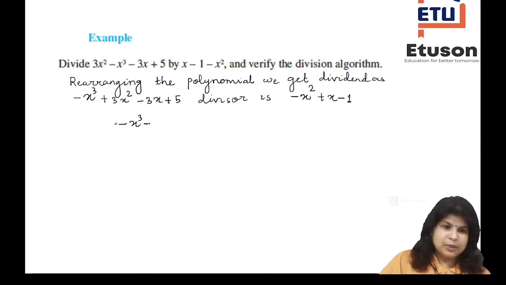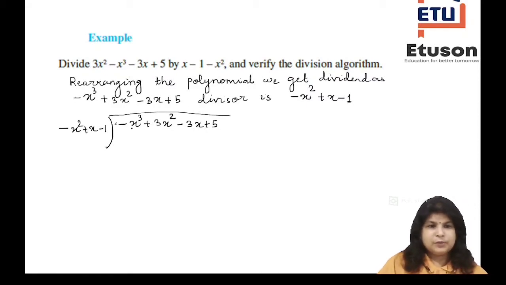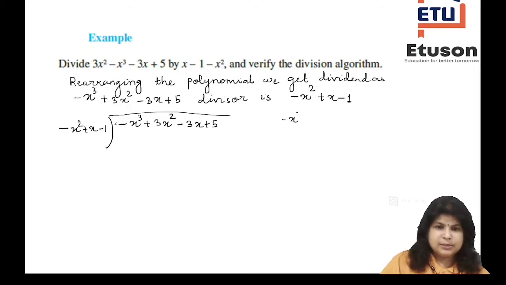So I am going to write in this format. First you divide minus x cube by minus x square, and your answer is x. So you write down x here, multiply this x with the divisor, you will get minus x cube plus x square minus x.